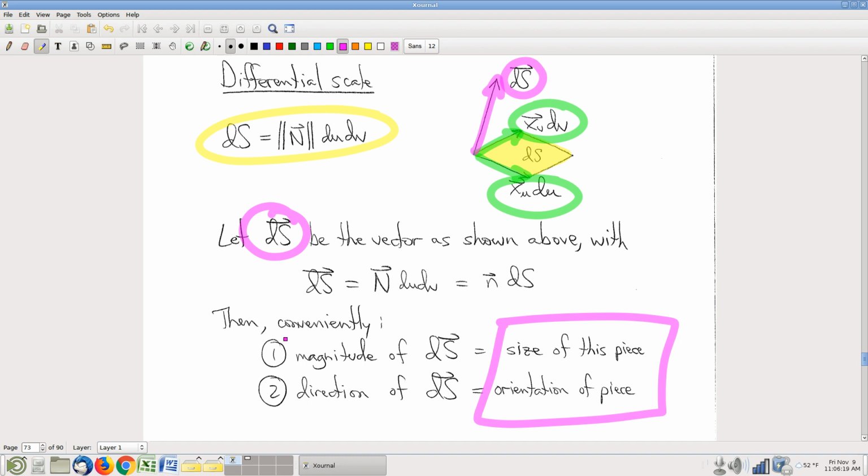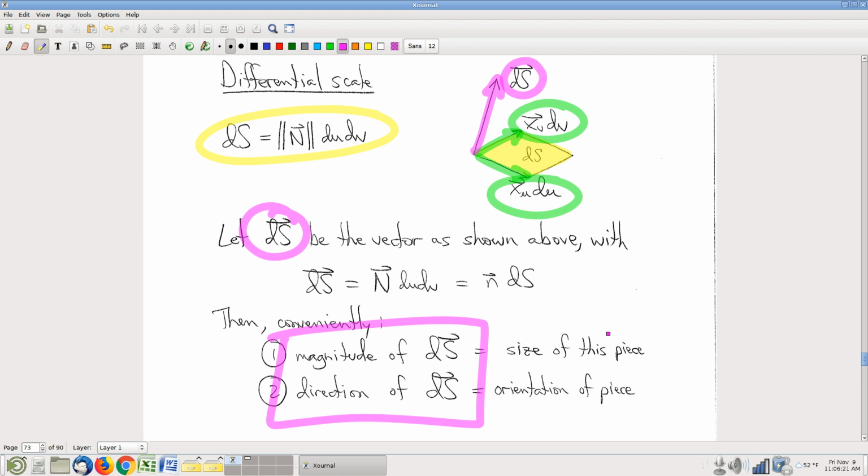And ds, by way of its magnitude and direction, this ds vector tells you all of that with one single object. So anyway, very convenient tool. If I remember correctly, the book does not use this ds vector notation, but it's pretty standard, and so you're very welcome to use it in Math 212, and I encourage you to use it in Math 212.